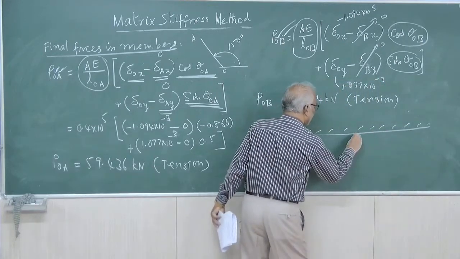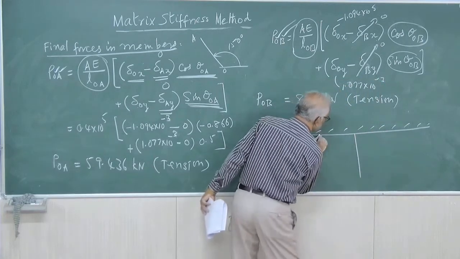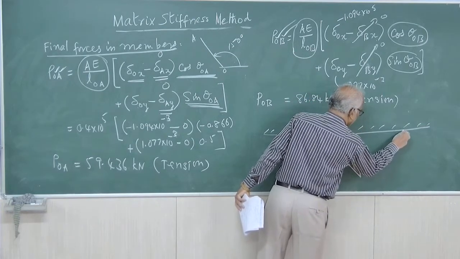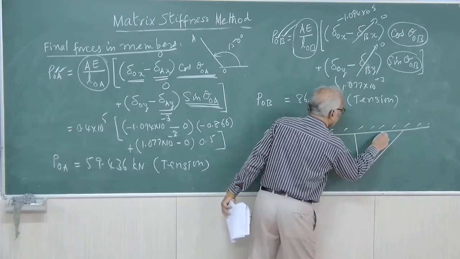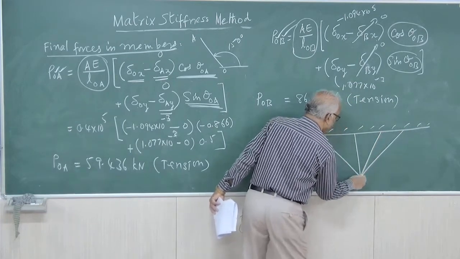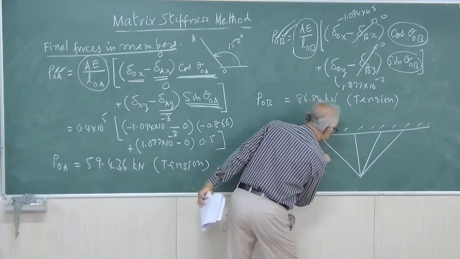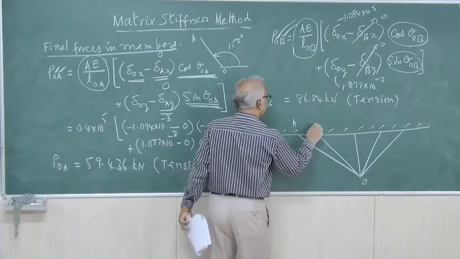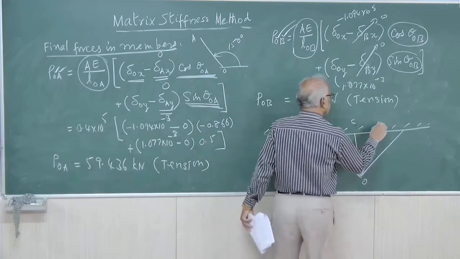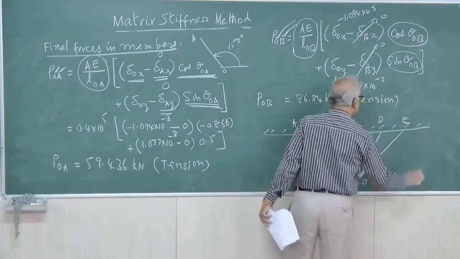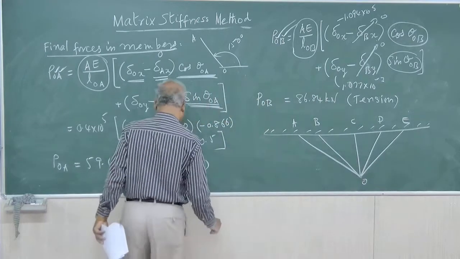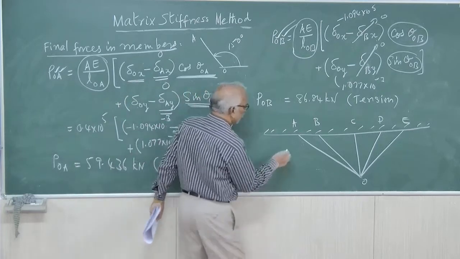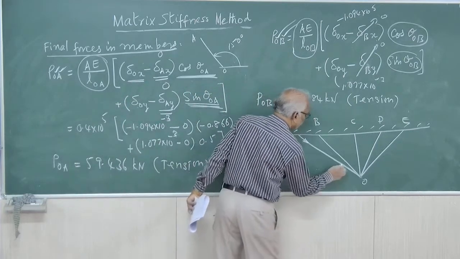This is the vertical member. This is O, A, B, C, D and E. So due to the forces, this is 59.436 tension. Tension means mark the arrow away from the joint.